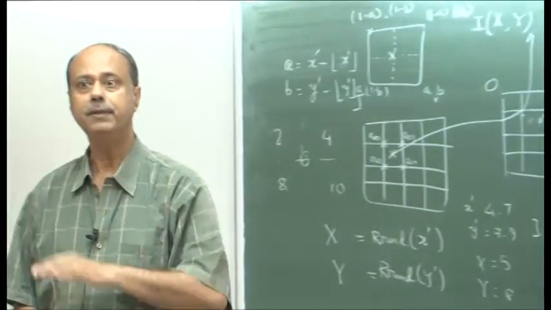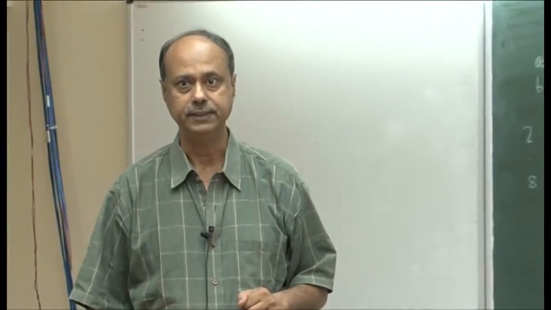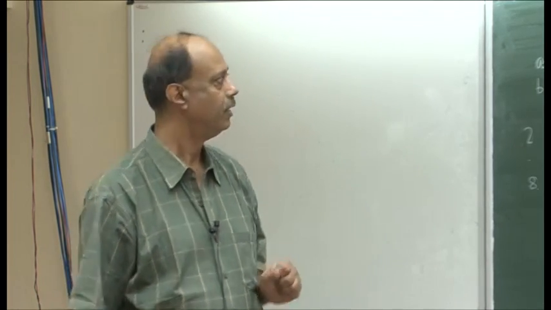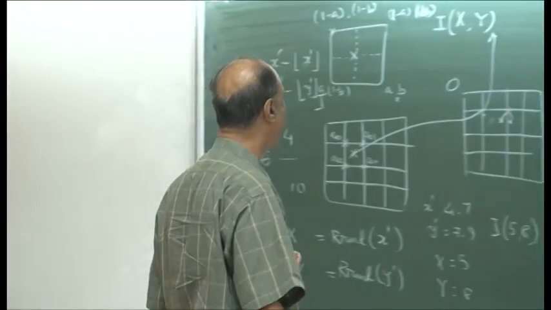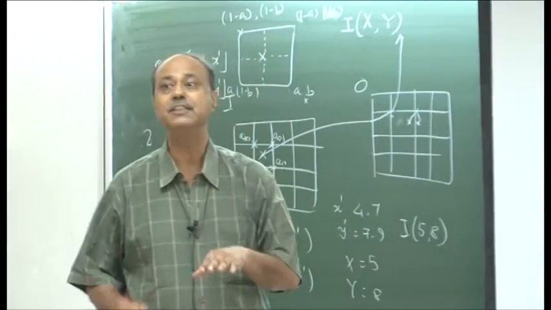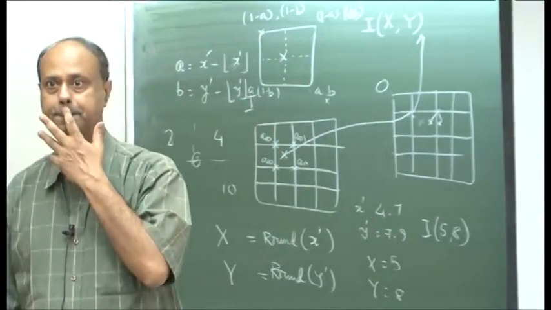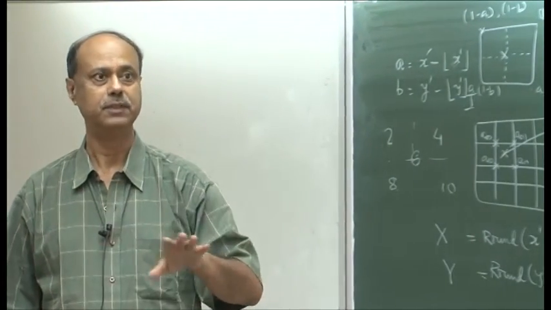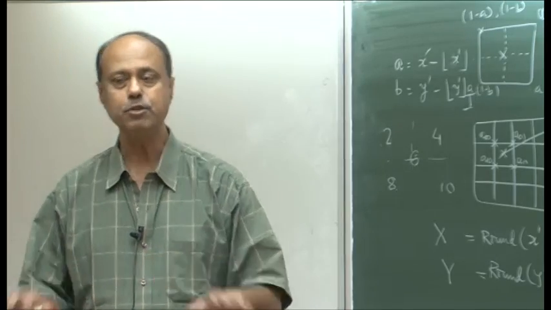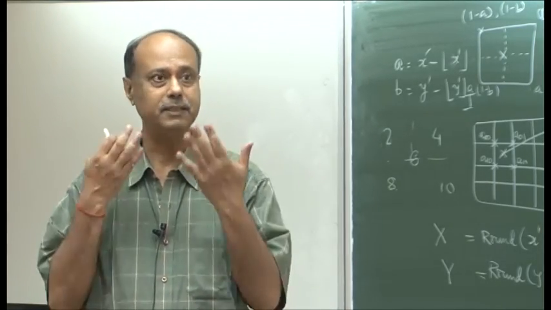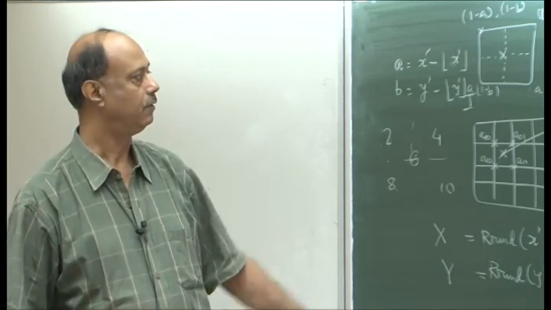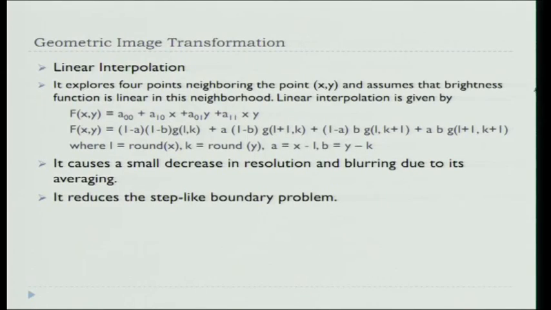So it will be a little dull image. Image is dull means there will be a blurring effect. But the image will be smooth, there is no ambiguity, it will look smooth, but it is a dull image and the blurring effect will be there. Of course, the step-like boundary problem will be minimized.